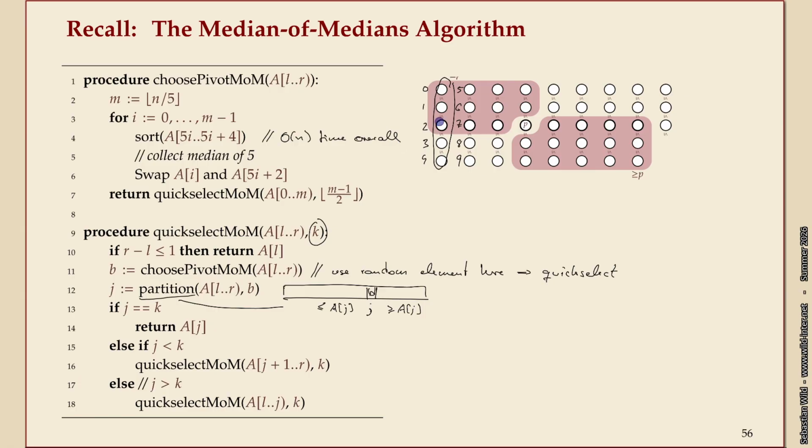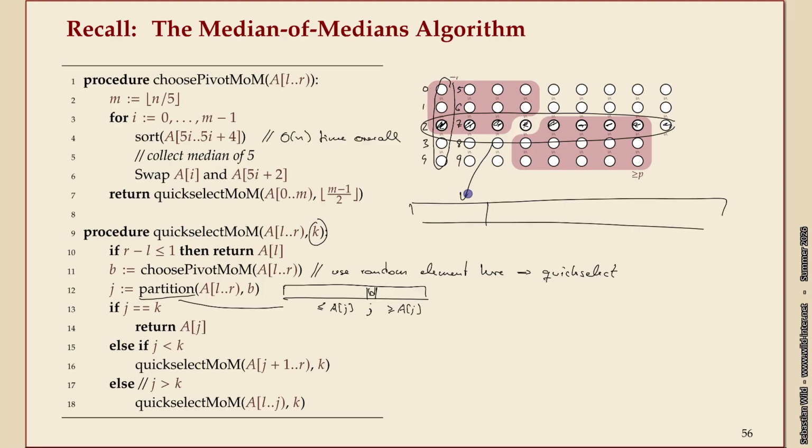Now, from all these columns of 5 elements, I'm going to take the middle ones. And again, ignore the red part for now. I'll come back to that. What the algorithm does is just take the middle ones, and a convenient way is to swap the middle ones to the left. So after that, these guys are compactly sitting in the first fifth of the array, n over 5.